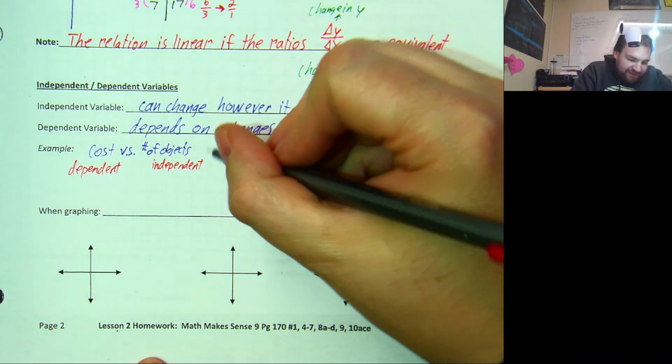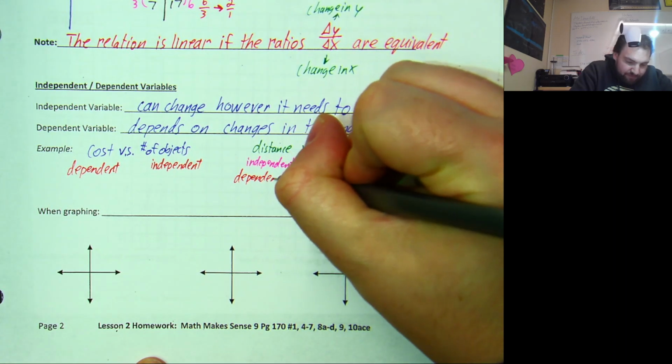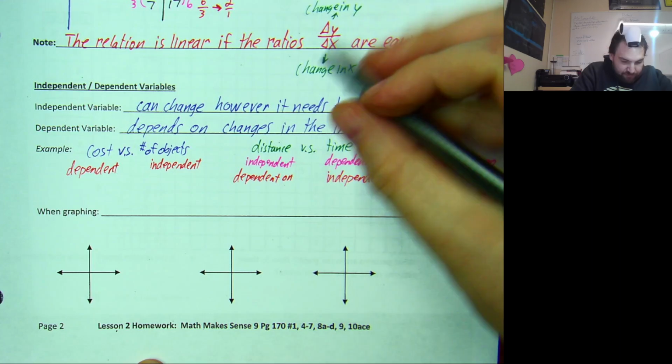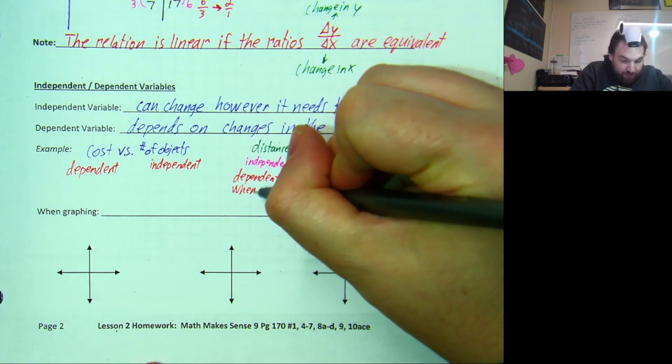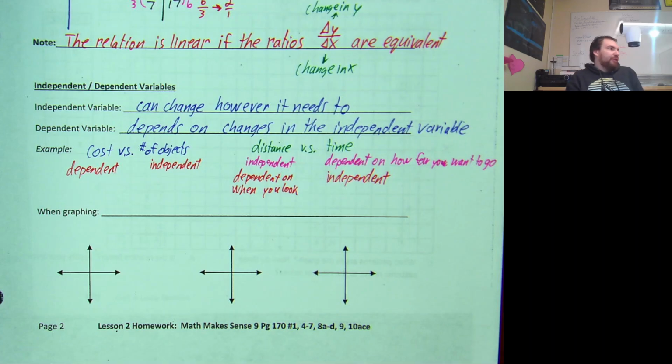And what you're doing is the distance then becomes dependent. It's dependent on when you look, right? 30 minutes in, assuming Carolyn lives in Abbotsford, she's probably somewhere between 200th Street and 176, assuming traffic is good. If traffic is bad, she might be at Mount Lehman Road, right?